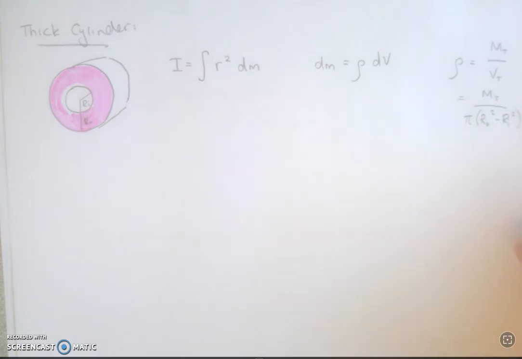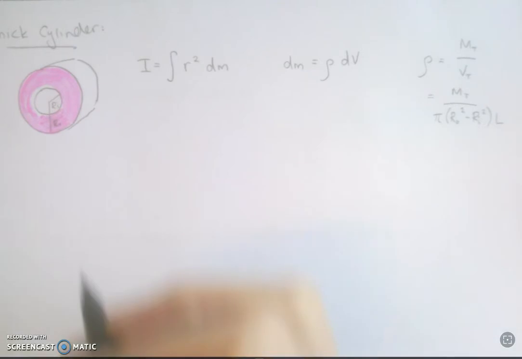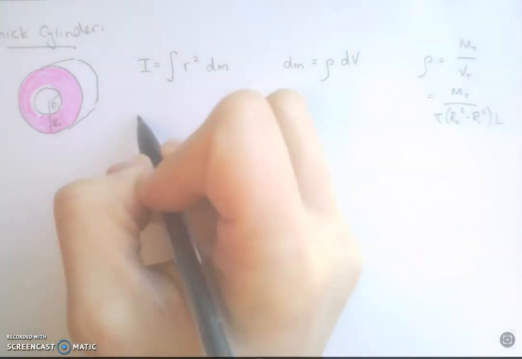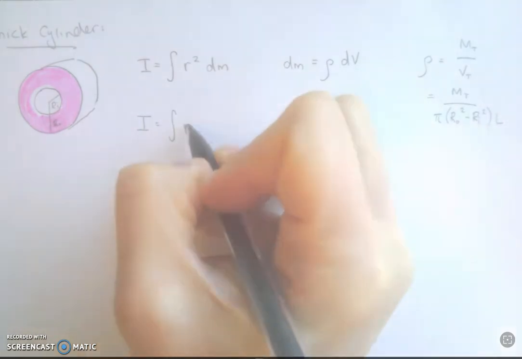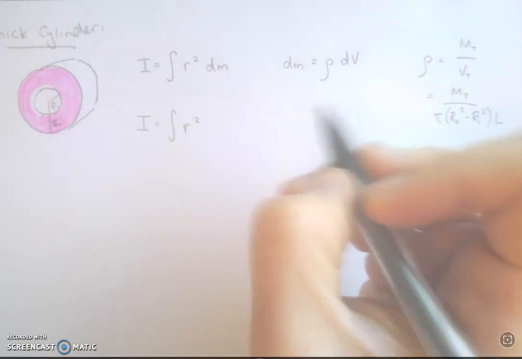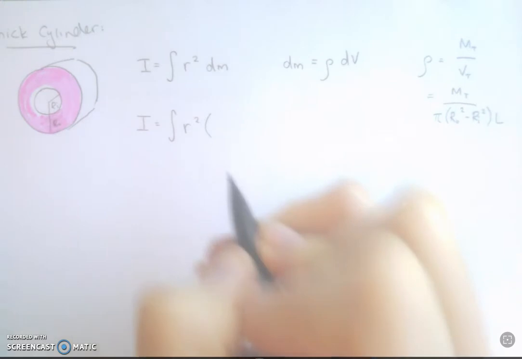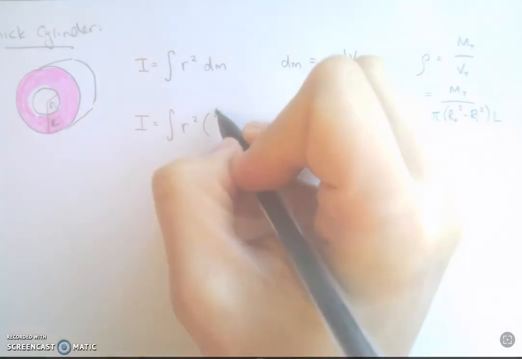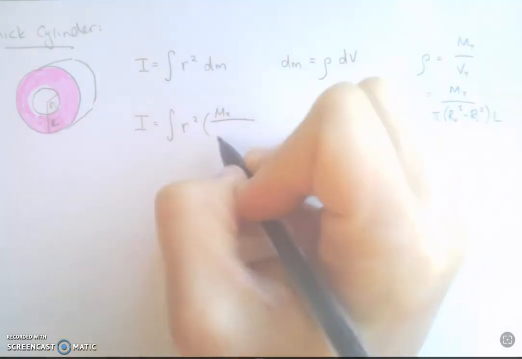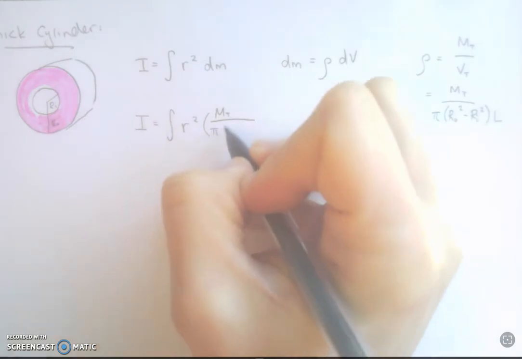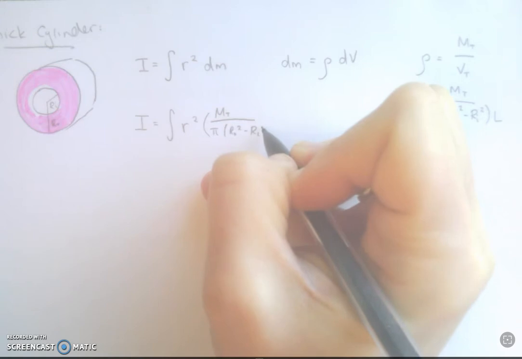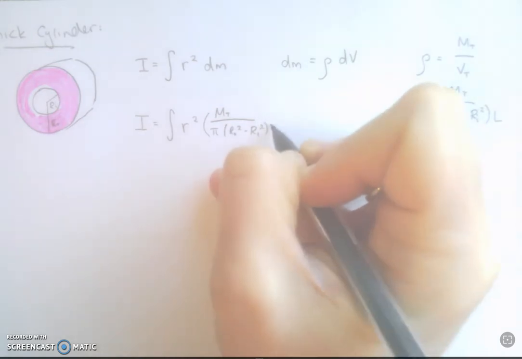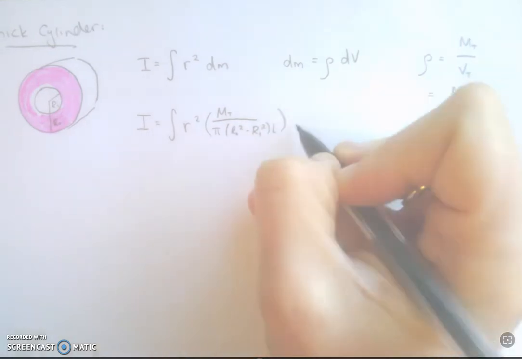times the length. Now, if we wanted to put in an integral, we are going to be integrating r squared dm, r squared rho dV, that's total mass divided by pi outer radius squared minus inner radius squared, L, dV.